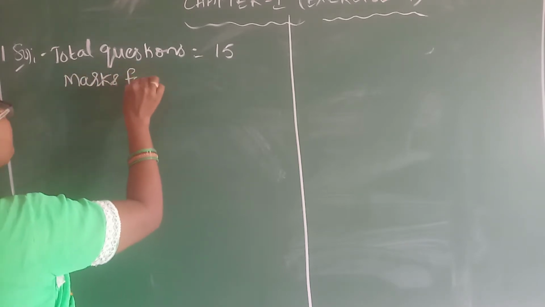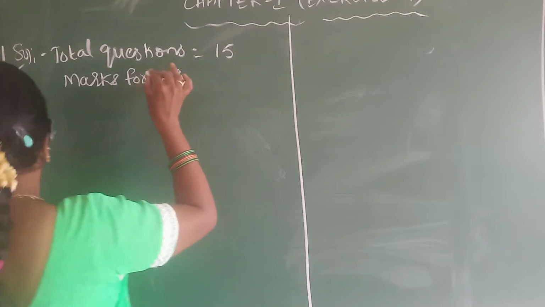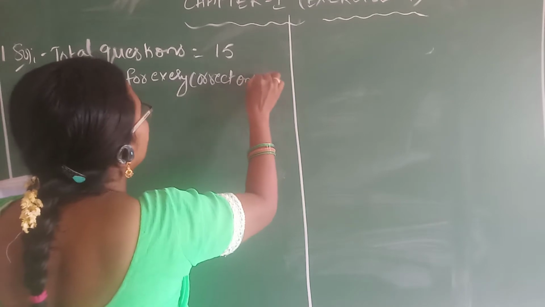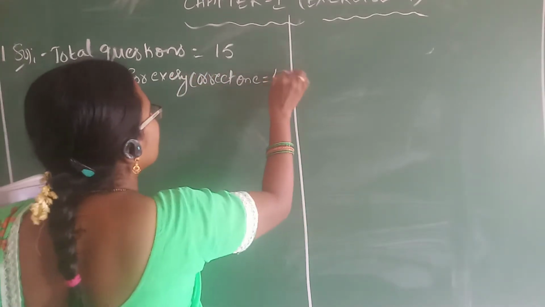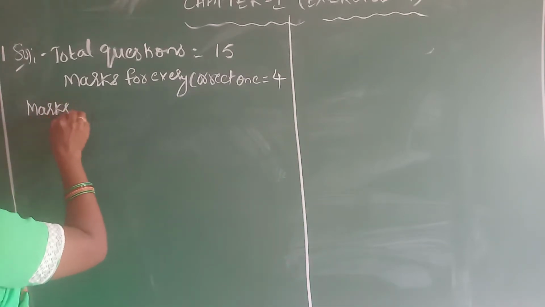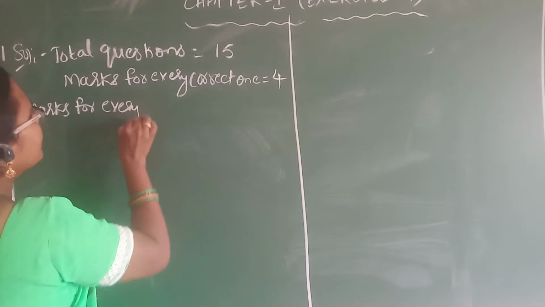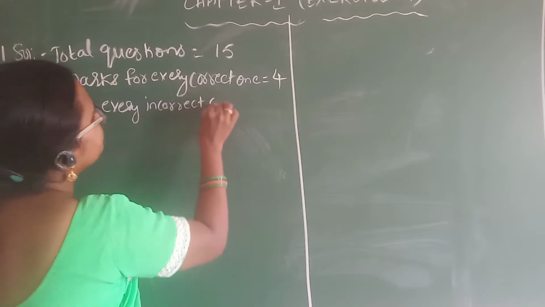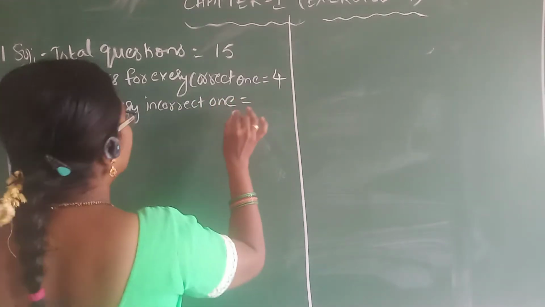Marks for every correct one is equal to 4. Marks for every incorrect one is minus 2.